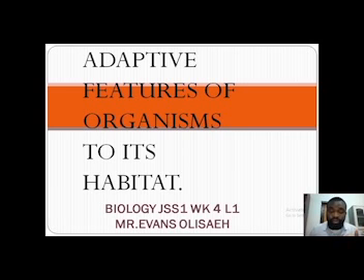We say structural, morphological, physiological, and behavioral. So we are saying among what structural features or behavioral features or physiological features that a particular organism possesses that make him get adjusted to that environment he finds himself in, or that make him live in that environment he finds himself in.